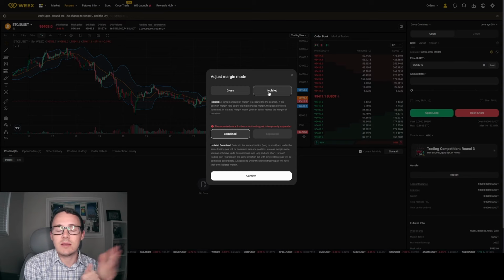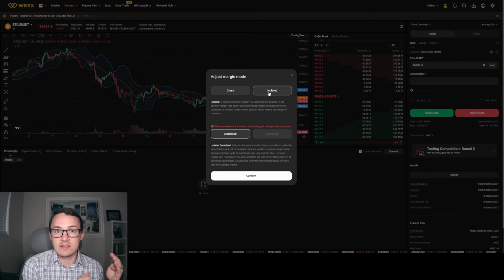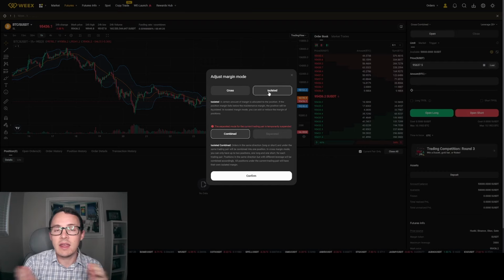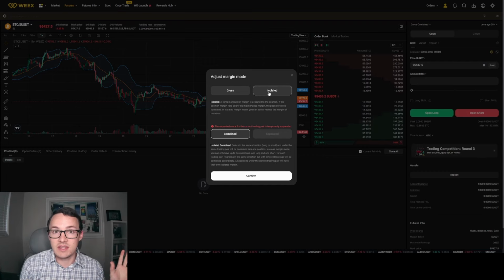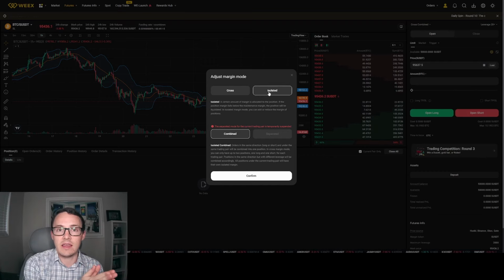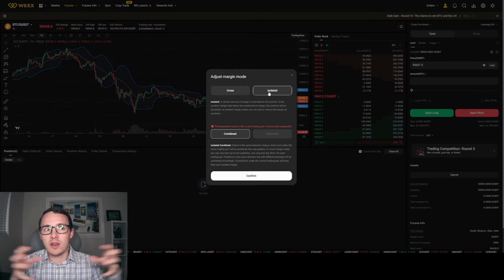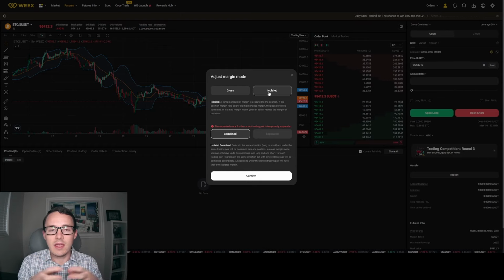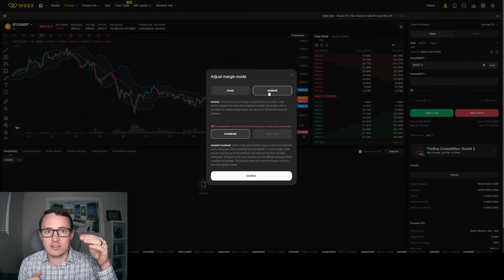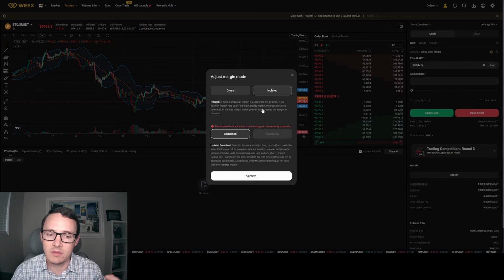If I have 10 positions and one of them drops below the liquidation threshold, that one will get liquidated, and all of my others will stay unchanged. If you're using cross, you're putting all 10 of those trades into a pool, and as long as the pool stays above the liquidation amount, you're fine, but if not, then obviously all of them get liquidated.